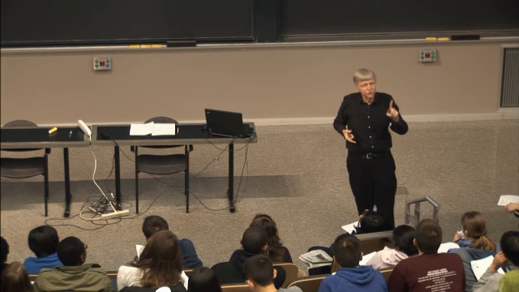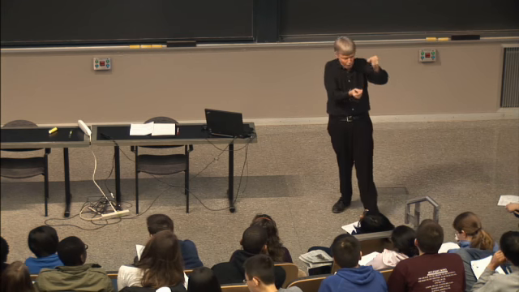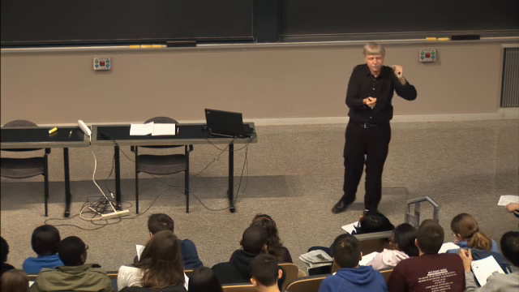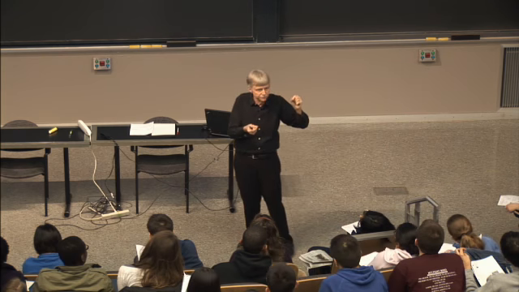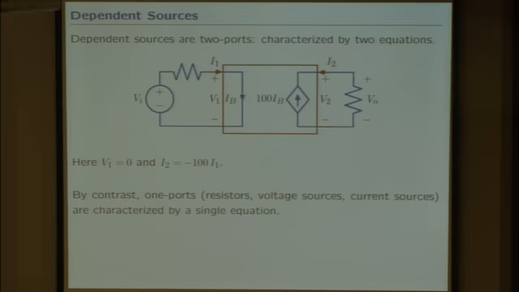Ohm's law was a single equation for 1 resistor, a 1-port. V equals V naught was 1 equation for 1 component, a voltage source. Here, I've got 1 component that has 4 wires, 4 unknowns, and I get 2 equations. For this particular dependent source, I know that the voltage across this pair of terminals is 0 because it's essentially a short circuit between the two.